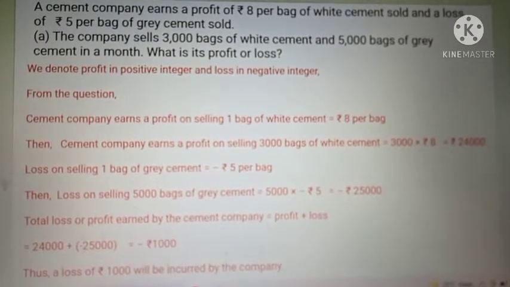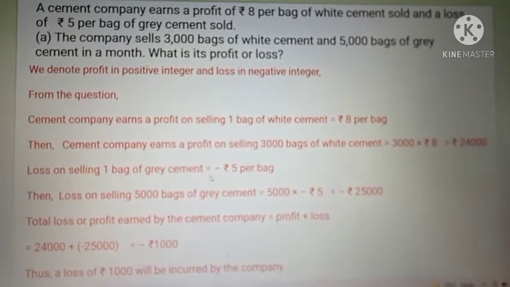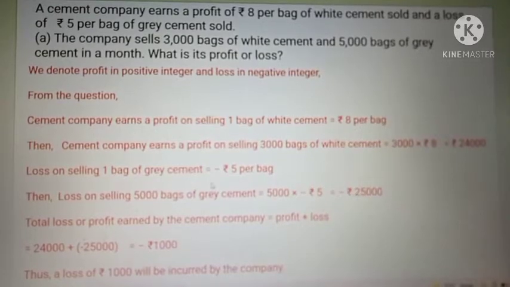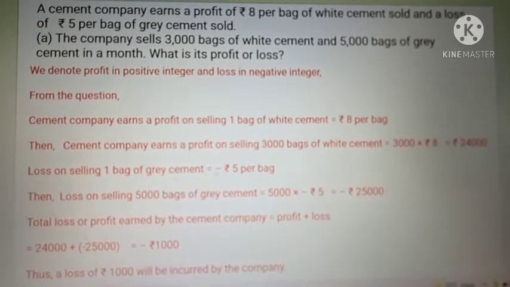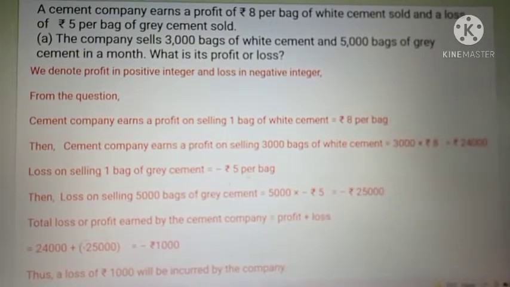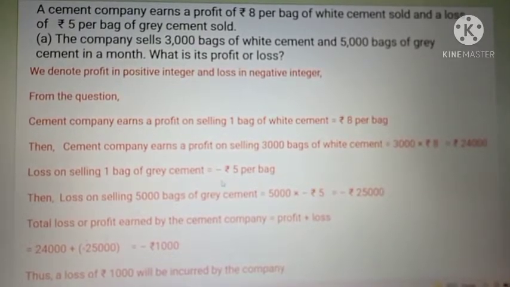Then loss. For one bag of grey cement, they have a loss of 5 rupees. Since it is a negative integer, it is a loss, so we put minus with rupees 5: minus rupees 5 per bag. They are losing that amount, that's why minus.